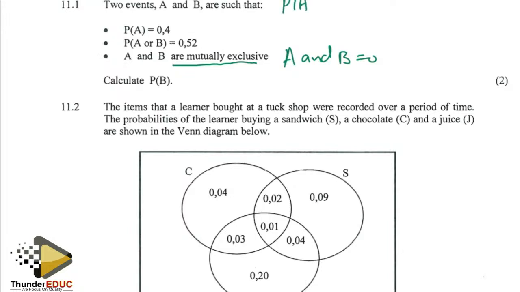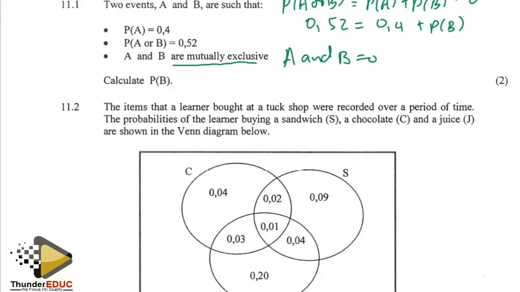So from the formula of A or B, from the formula page, it will be probability of A plus probability of B minus 0. So A or B is 0.52. Our A is 0.4 plus now the B, which we need. So when you subtract that, I'm going to get 0.1.